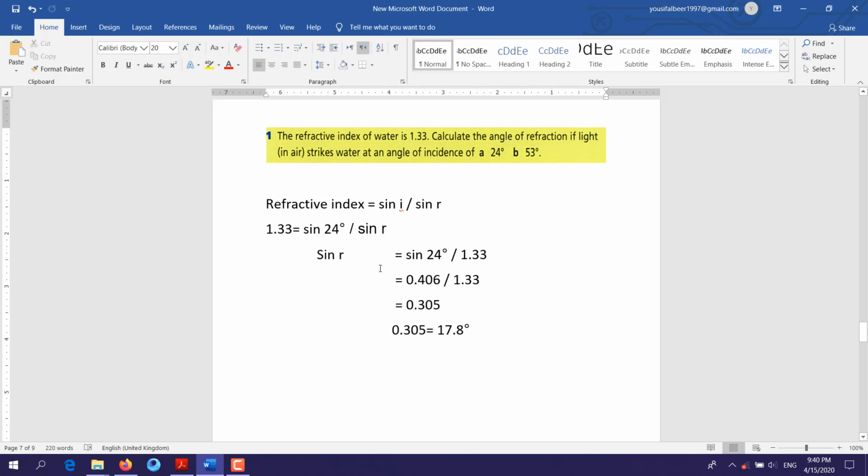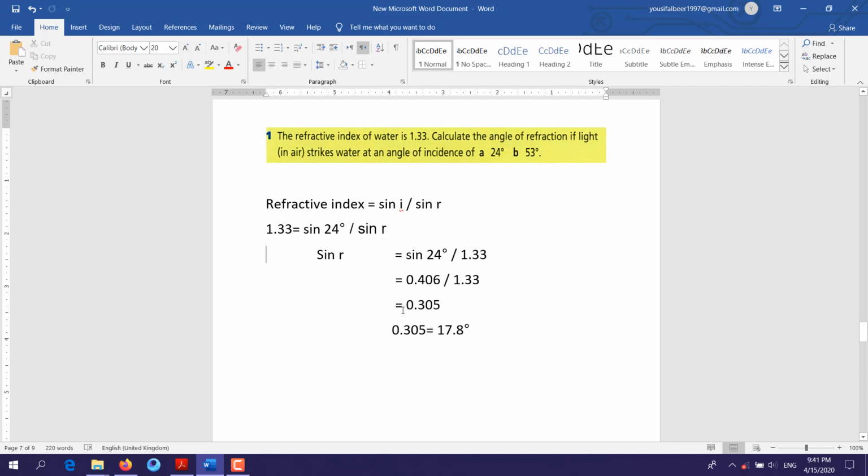By using a calculator, you can find that sine 24 degrees is equal to 0.406, over 1.33. If you divide these two numbers, you will get 0.305.